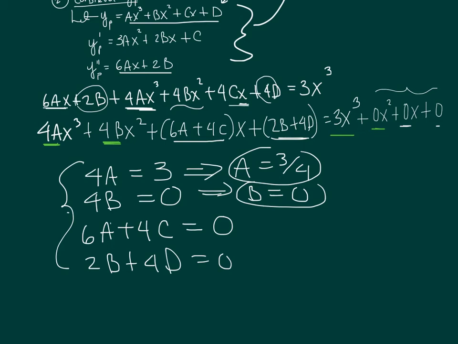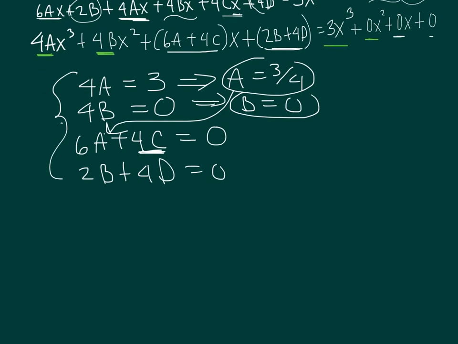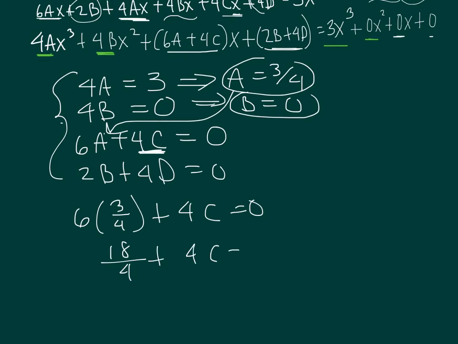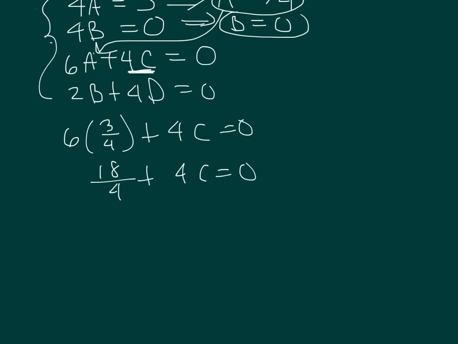So we have a, b. We can definitely find c by substituting our a here. This is just algebra. So we have 6 times a plus 4c. Well, we have 18 over 4 plus 4c. I'm going to subtract 18 fourths from both sides.